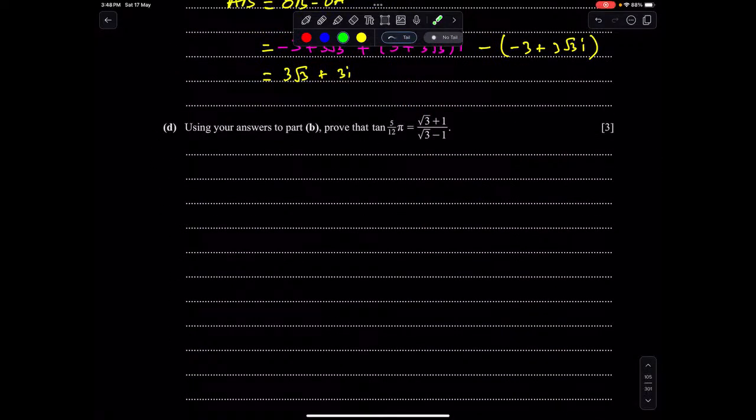Okay, last part of this question. Prove that tan 5 pi by 12 is equal to this. Now you have to observe this very carefully. You can find these two numbers in z omega.